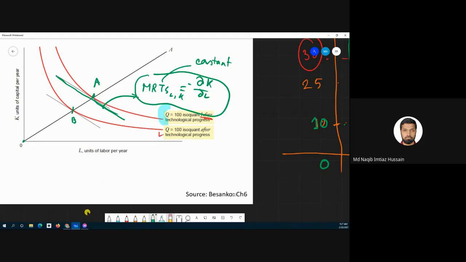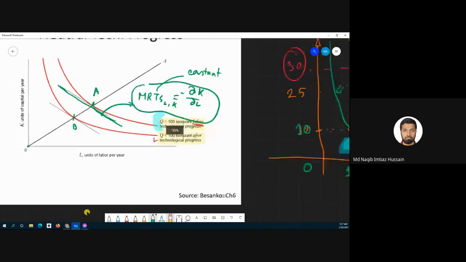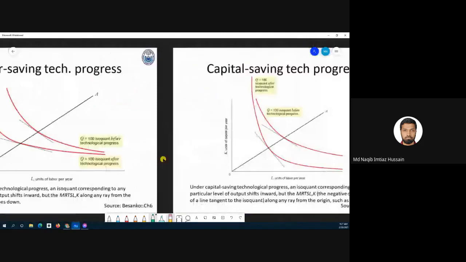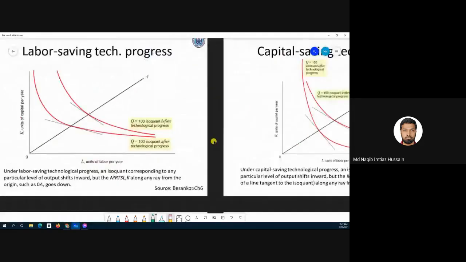Yes, sir. শুনতে পাচ্ছো? আচ্ছা, good. আর যদি অন্যরকম হয়, মনে করো this is before, this is after, and this is the MRTS. The MRTS value before is larger than the MRTS value after, right? এটা হচ্ছে MRTS কম.